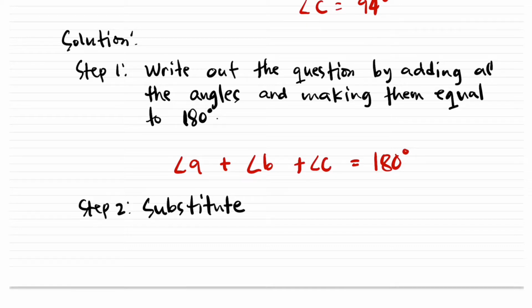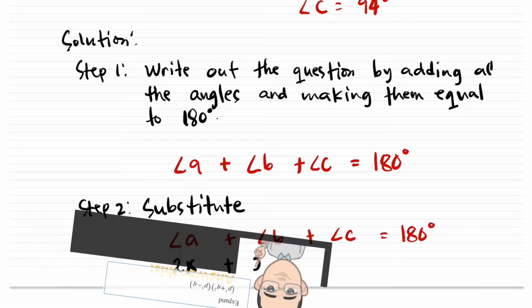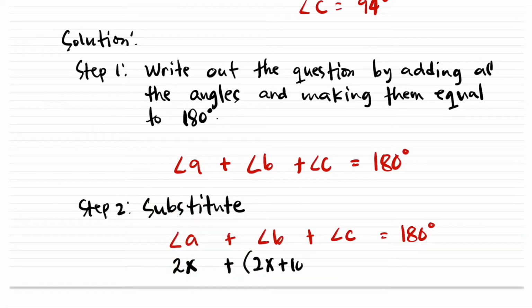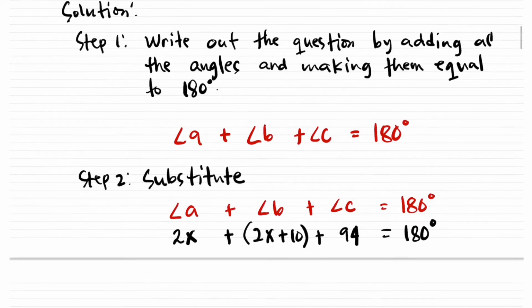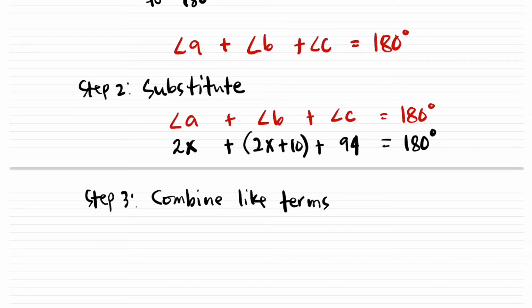Considering that angle A plus angle B plus angle C is equal to 180 degrees, we substitute: 2x plus 2x plus 10 plus 94 is equal to 180 degrees. The next step is to combine like terms.